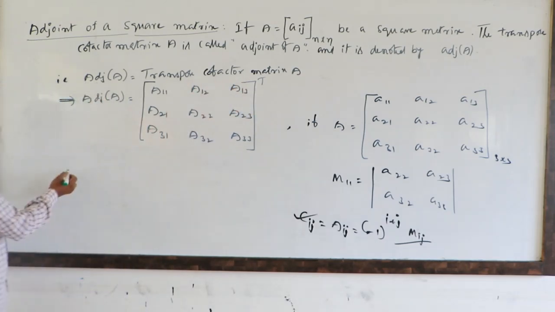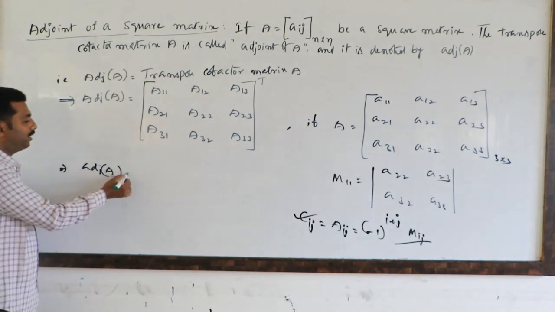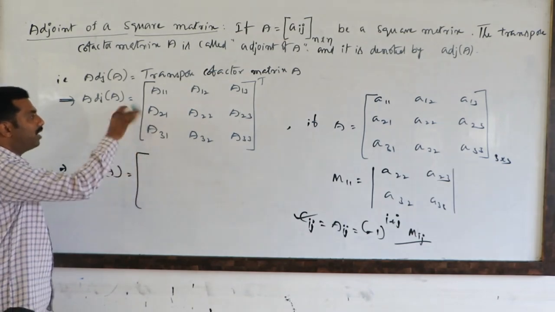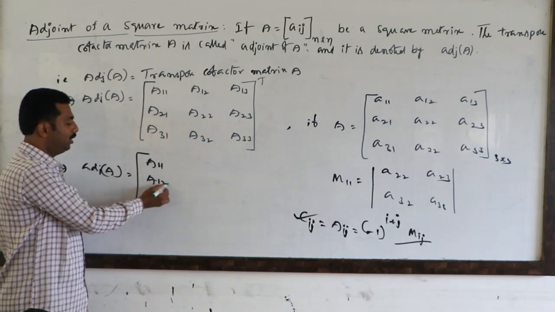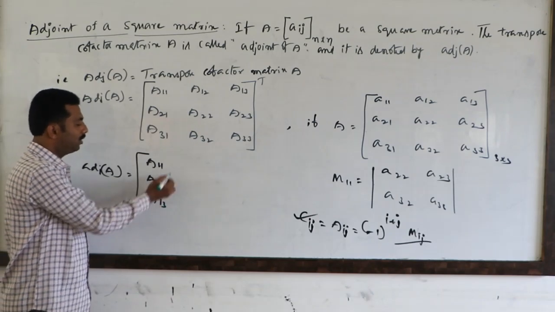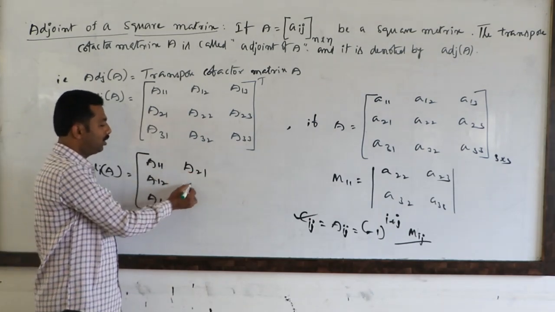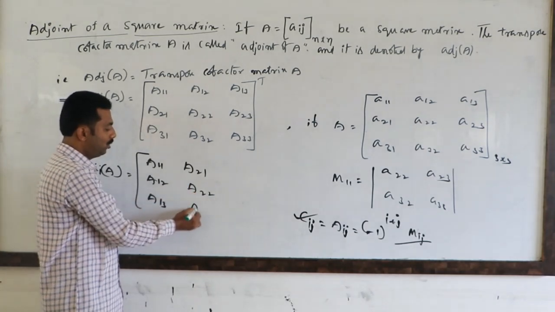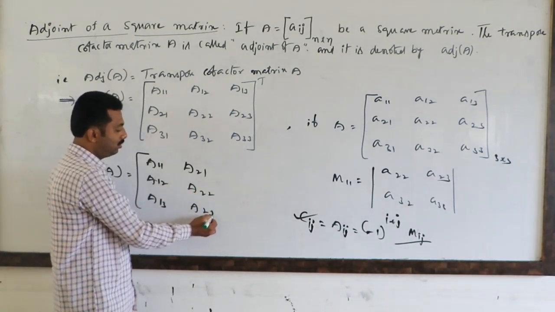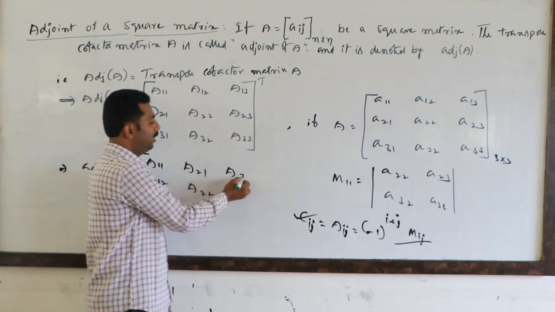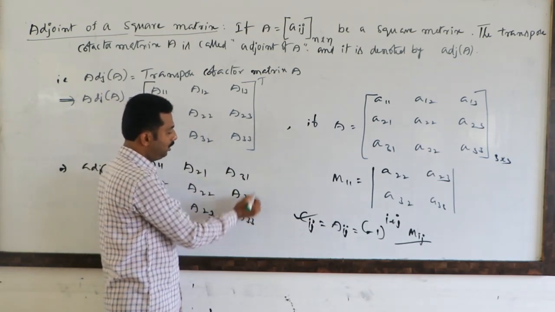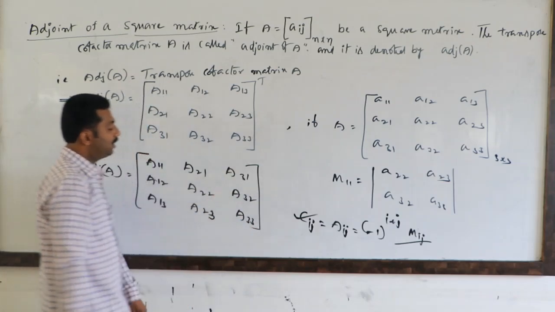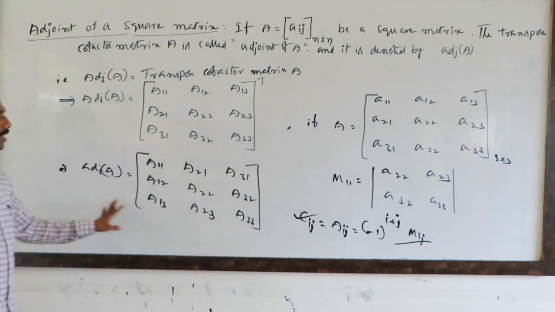This transpose is the adjoint of A, that is A11, A12, A13, A21, A22, A23, A31, A32, A33. So this is the adjoint of a square matrix.